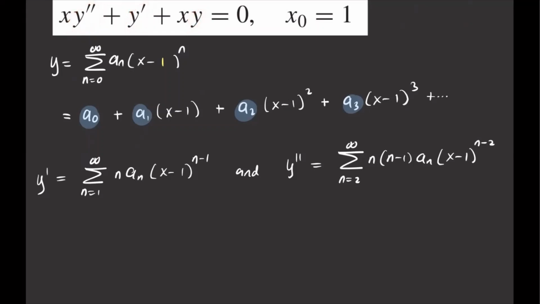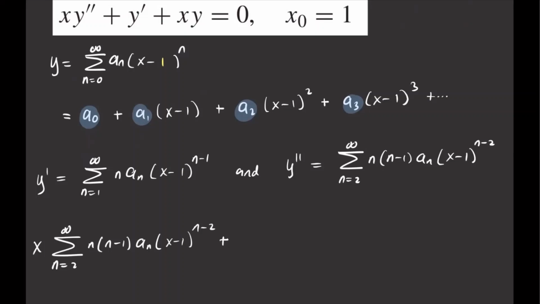So we have the following. We have x times the second derivative, so that will be the sum starting from n equals 2 to infinity of n times (n minus 1) times a sub n times (x minus 1) to the power of n minus 2. That's our expression for the second derivative, plus the first derivative.